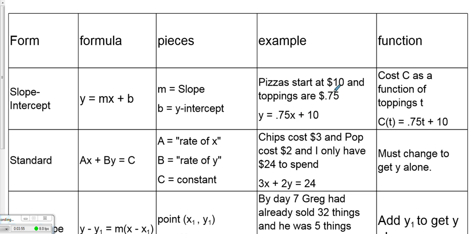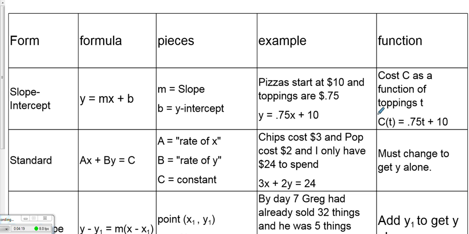How does this look as a function then? How would we make a function for this linear relation? We would call our function c, it is the cost. And we want our cost as a function of the number of toppings, t. So we would say c of t. Remember, this is our function notation. You pronounce this c of t equals 0.75t plus 10.